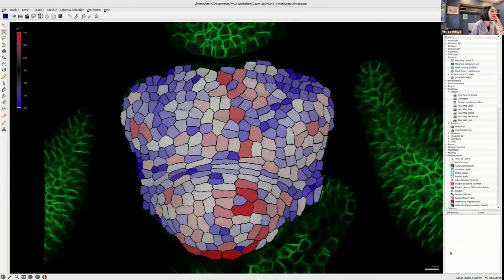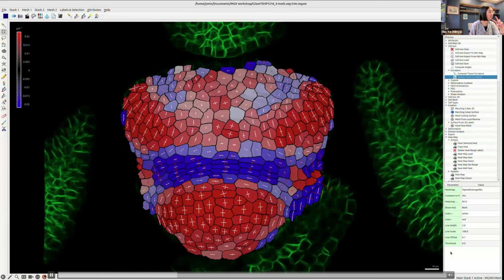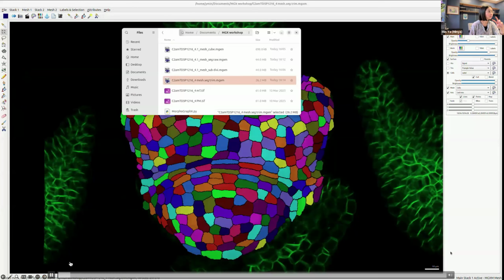Okay, and then I want to show you how to project the mTurquoise signal onto this processed mesh. Just now you saw that I have two different separate Z-stack channels.